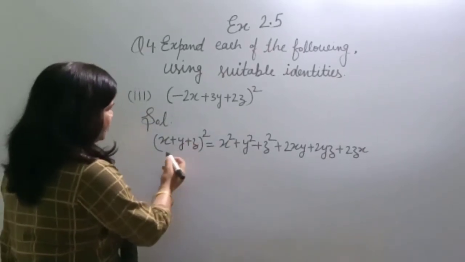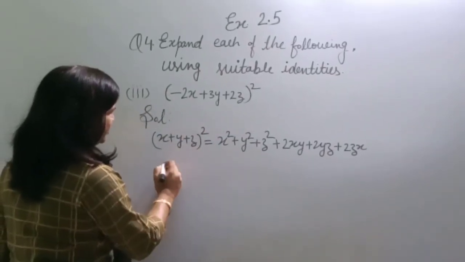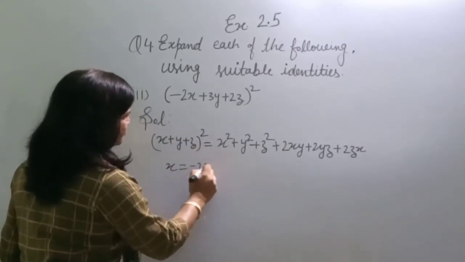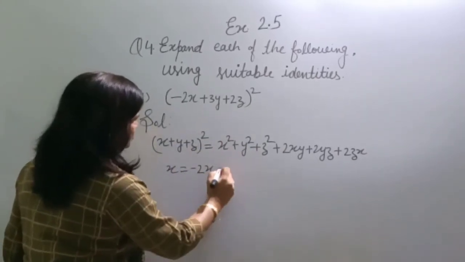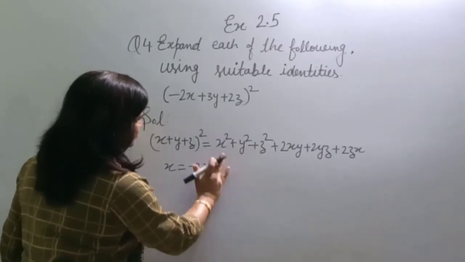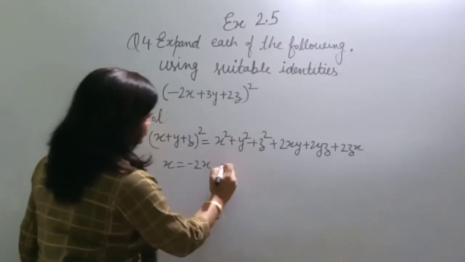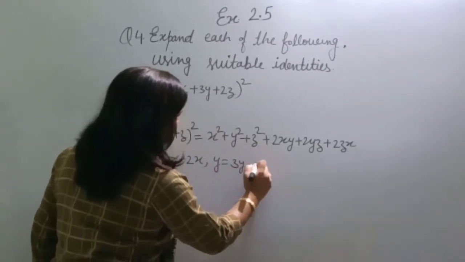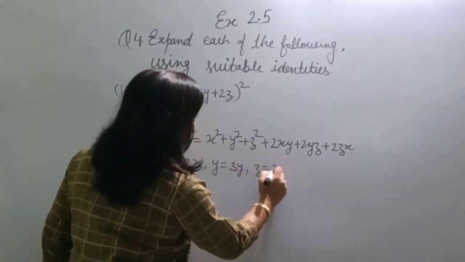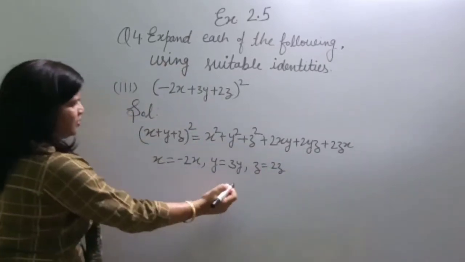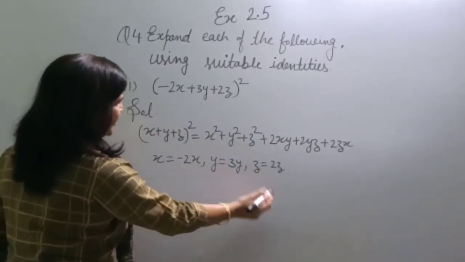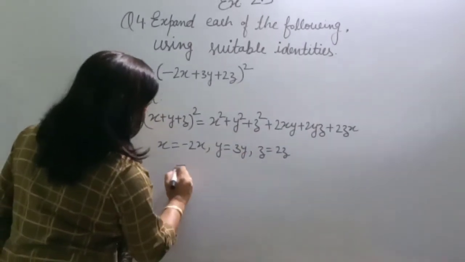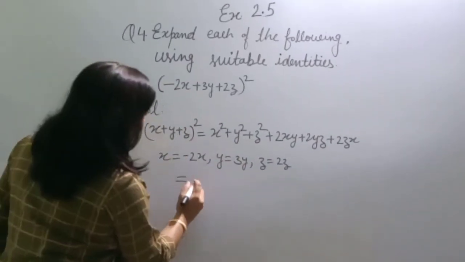Now we find the values of x, y and z. Here x = −2x, y = 3y, z = 2z. Now we put the values in the expanded form.